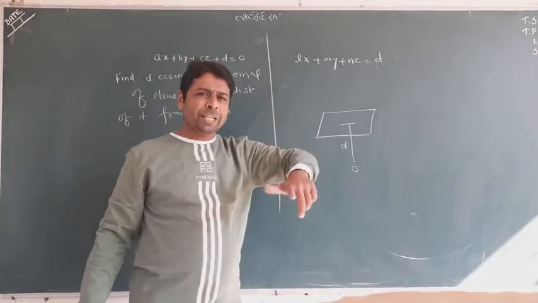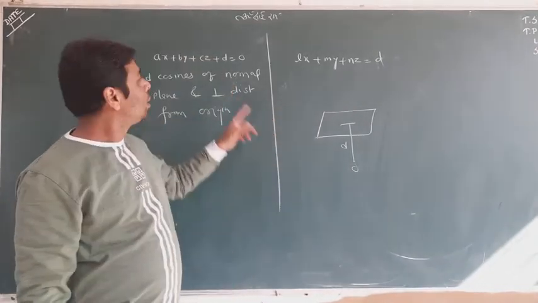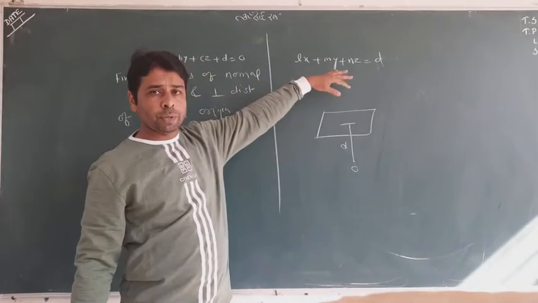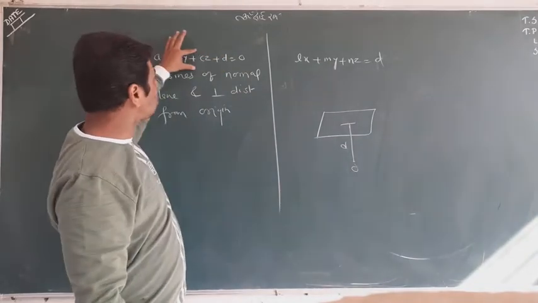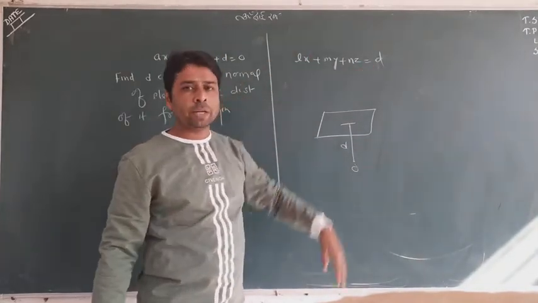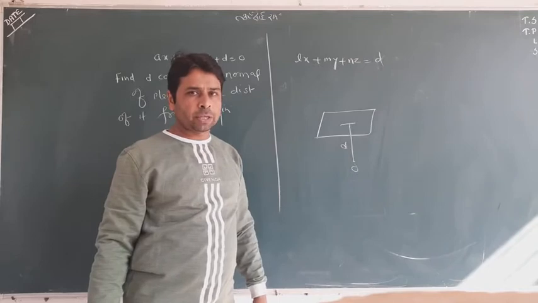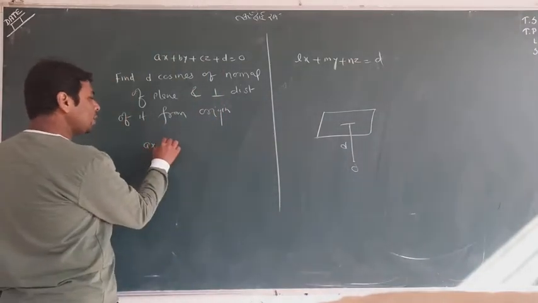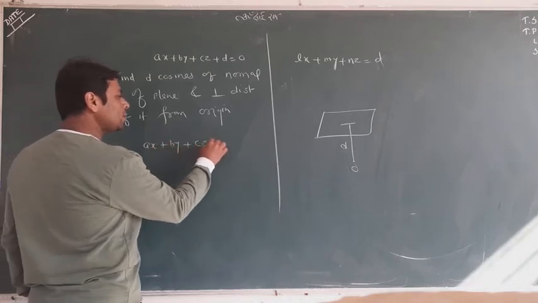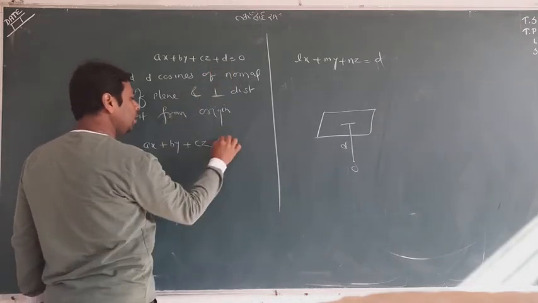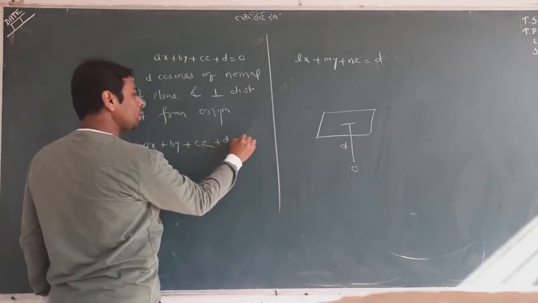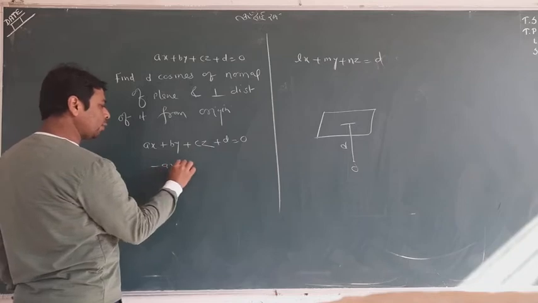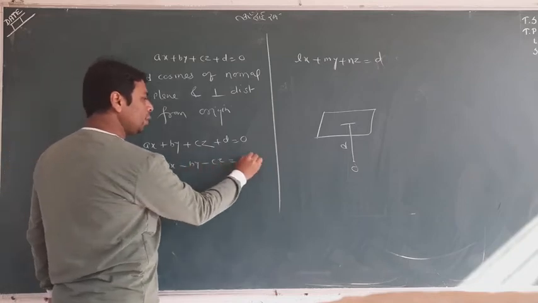So I would simply tell you that you have to convert the Cartesian general form into the normal form. If you could convert the general form into the normal form, you can identify the value of d. So I tell you how we can do this. I write ax plus by plus cz, and I transfer the constant to that side: ax plus by plus cz equals d.